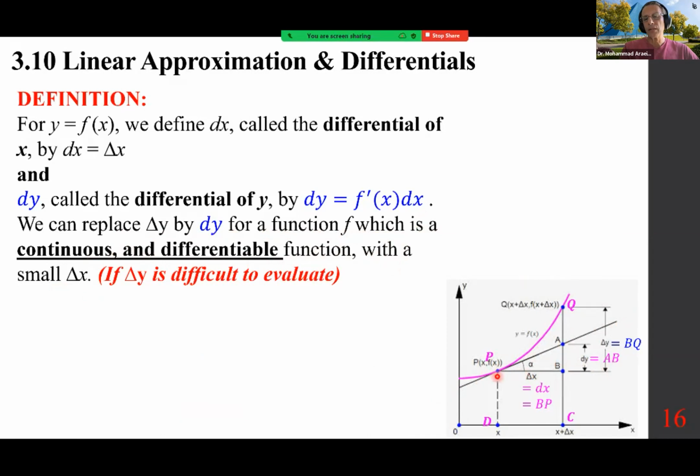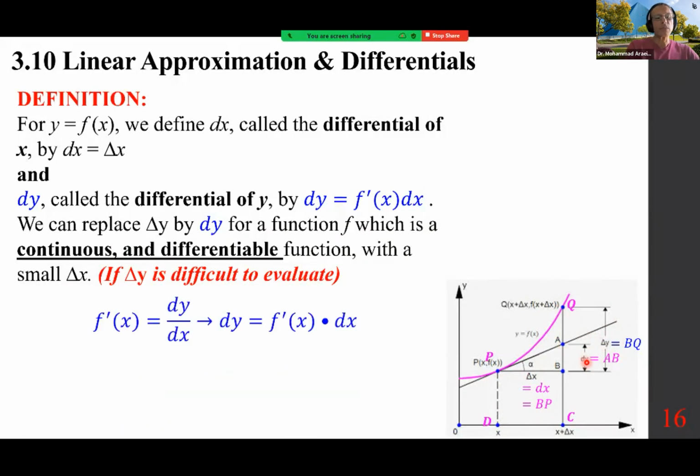Now, for the sake of illustration this has been blown up and delta x seems huge, but normally this distance is small. The smaller the delta x or dx, the closer the value of BQ, which is delta y, to AB, which is dy. Again, delta y is not equal to dy, but if this is small, it can be approximated by that.